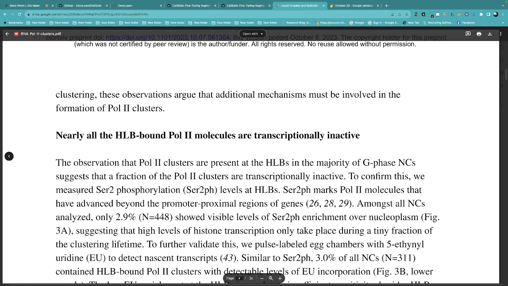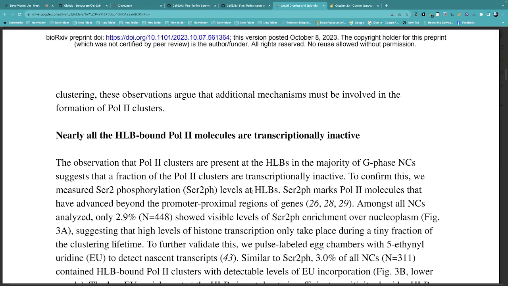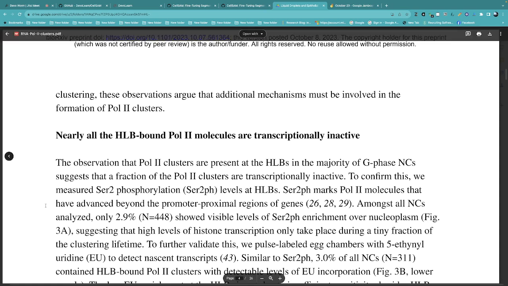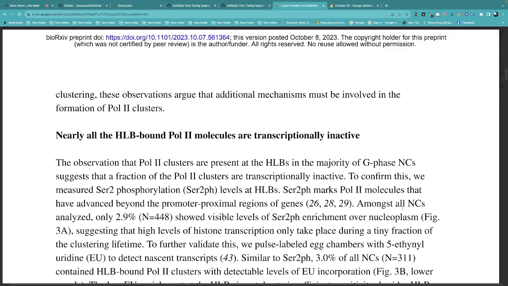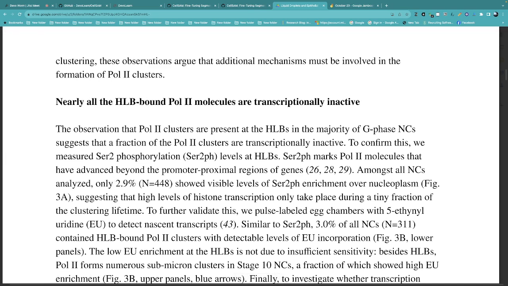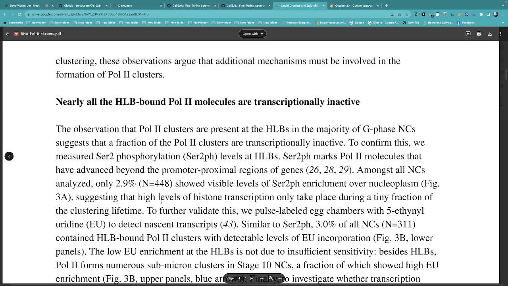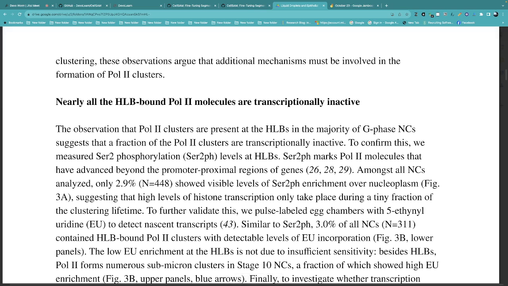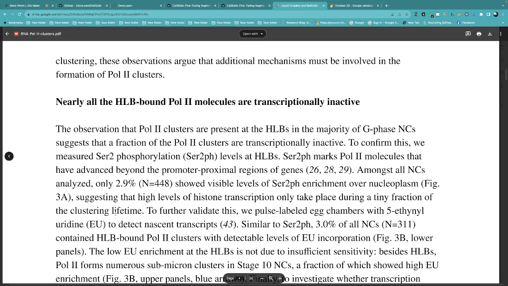To confirm this, we measured SIR2 phosphorylation levels at the HLBs, and this marks Pol-II molecules that have advanced beyond the promoter proximal regions of genes. Amongst all nurse cells analyzed, only 2.9% show visible levels of enrichment over nucleoplasm, suggesting that high levels of histone transcription only take place during a tiny fraction of the clustering lifetime.